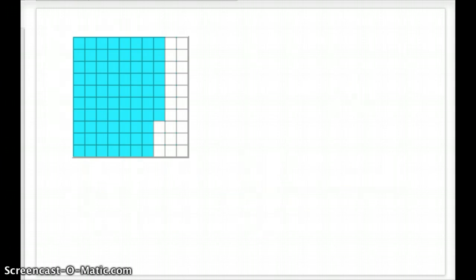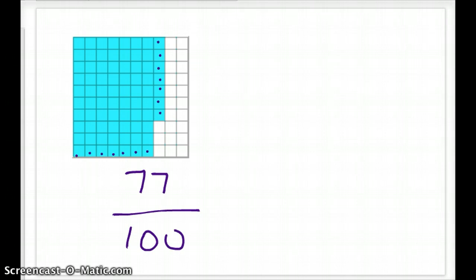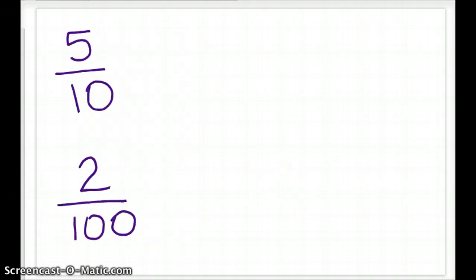This time I have 10, 20, 30, 40, 50, 60, 70, 71, 72, 73, 74, 75, 76, 77. I have 77 out of 100. Okay? Very easily, as if I'm writing this as if it's change, it's 0.77 like you would write 77 cents.